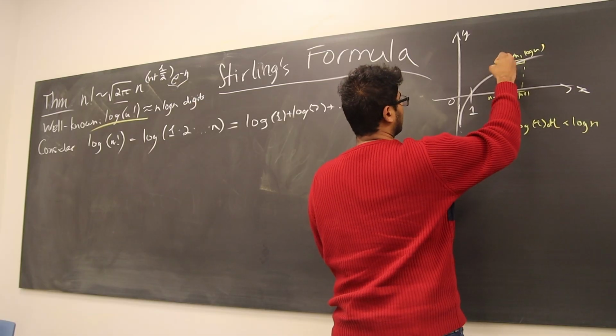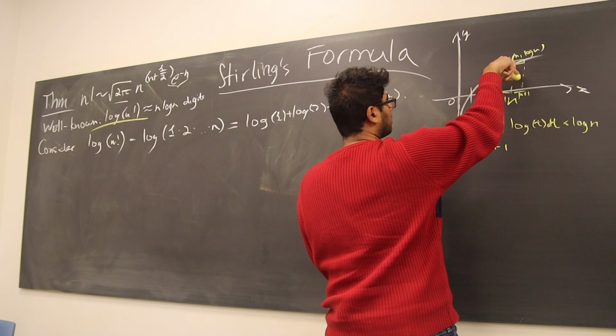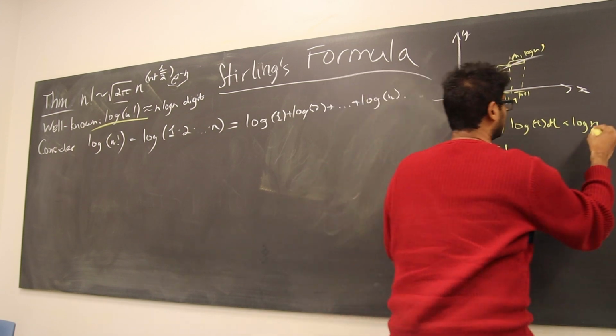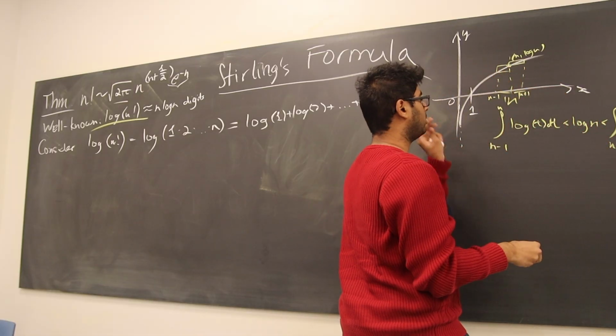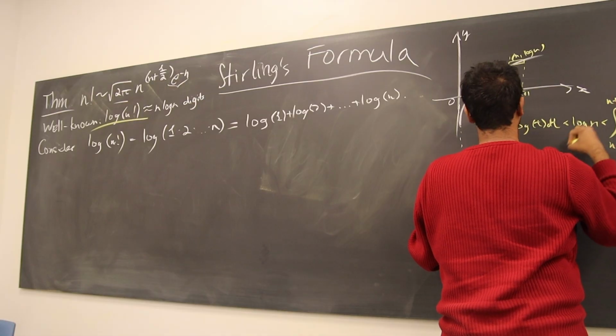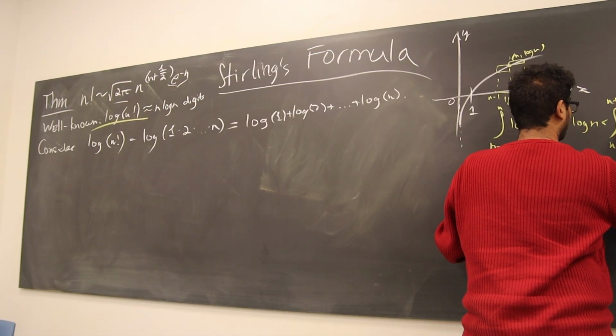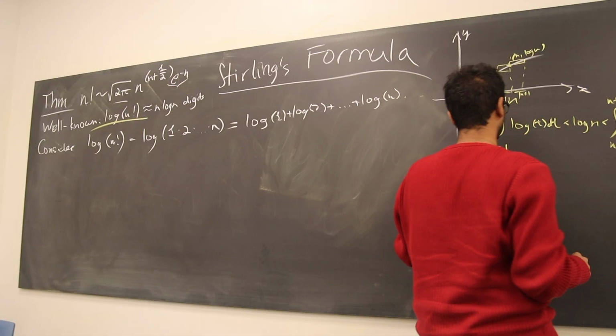The top rectangle would be log n, and this top rectangle up here would be log of n plus 1. By the same logic, this now serves as a lower bound for the integral of log t dt from n to n plus 1.